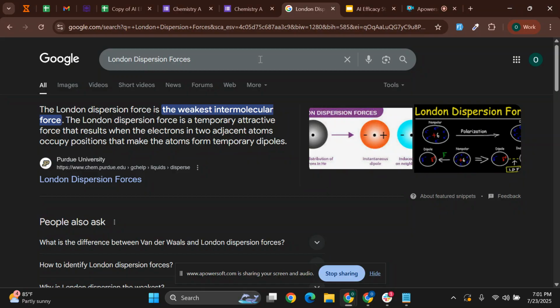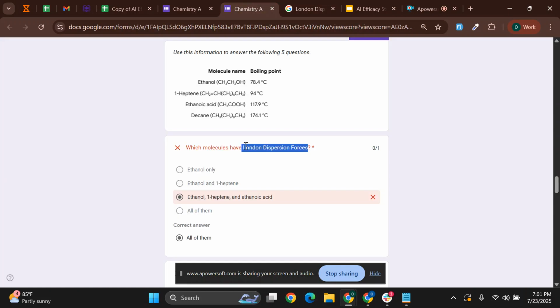It is a temporary attractive force that results when the electrons in two adjacent atoms occupy positions that make the atoms temporary dipoles.